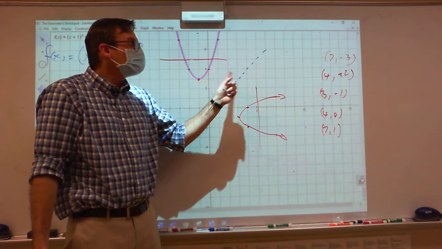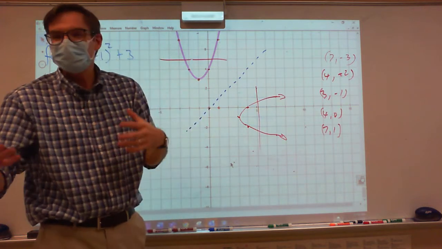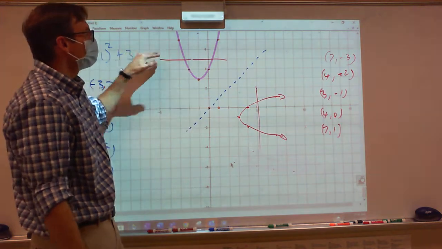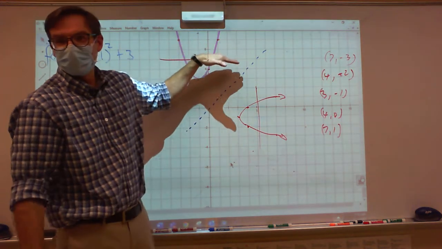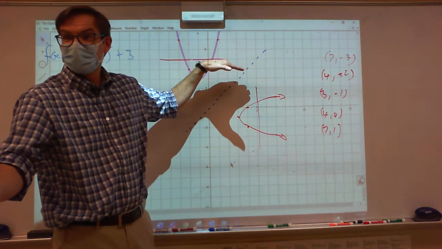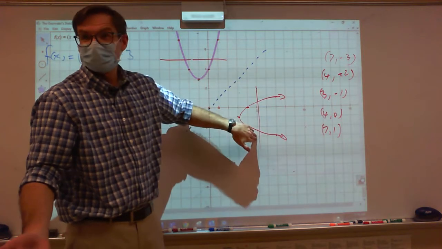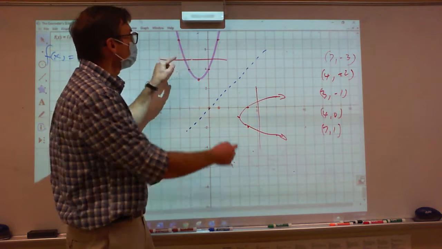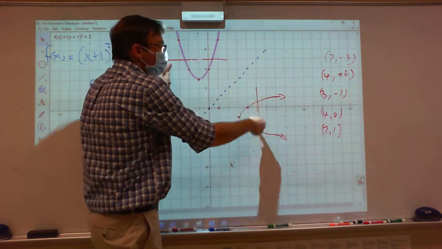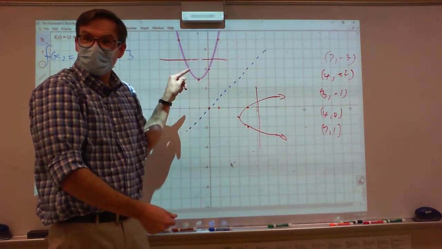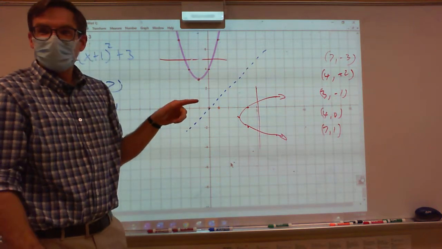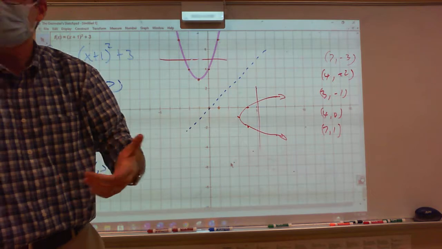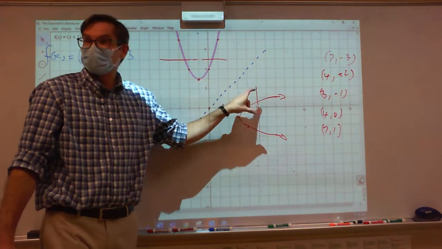Every textbook calls it a horizontal line test. If you have a function and you draw a horizontal line and it crosses at more than one spot, that means when you flip it, it's not going to be a function. Basically, this is the vertical line before it's flipped. If you take any parabola and you flip it, it's not going to be a function.